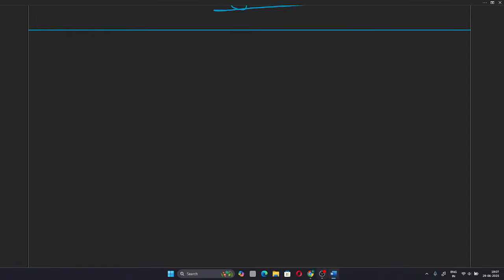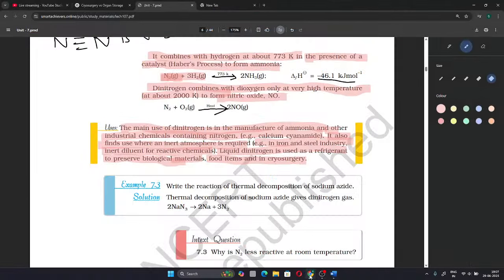Next, write the thermal decomposition of sodium azide.